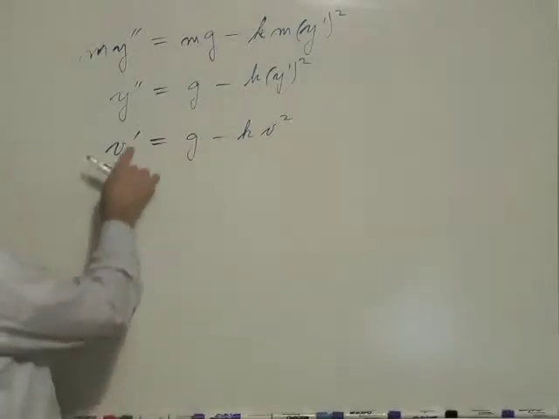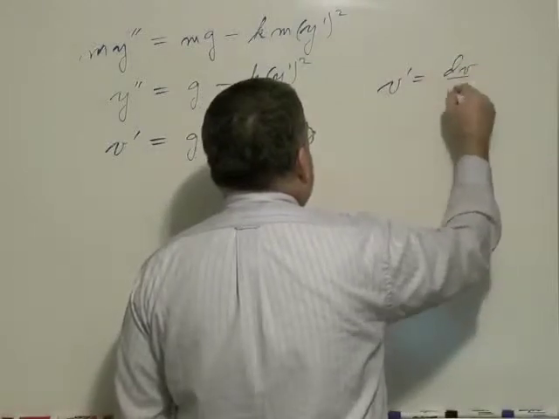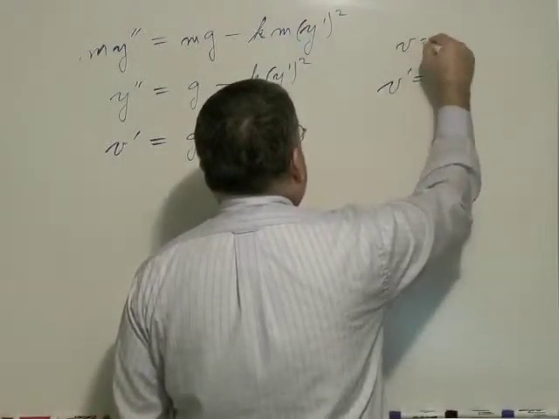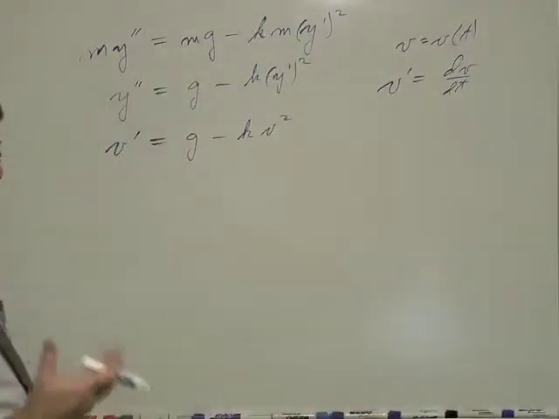But remember, v prime is the derivative of velocity with respect to time, and velocity is a function of time. So there are two variables here, velocity v and time t.